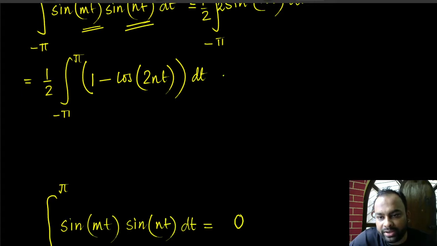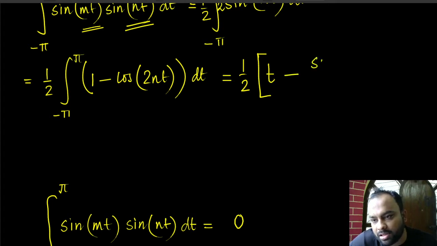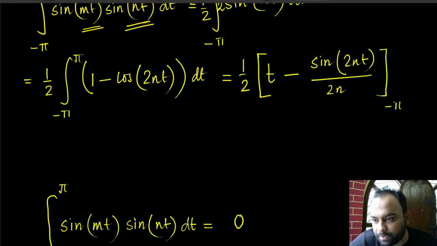So I can do that. And now if I do the integration, what do I get? 1 after integration becomes t, and this one after integration becomes minus sine 2nt divided by 2n, and the lower limit is minus pi and the upper limit is pi.